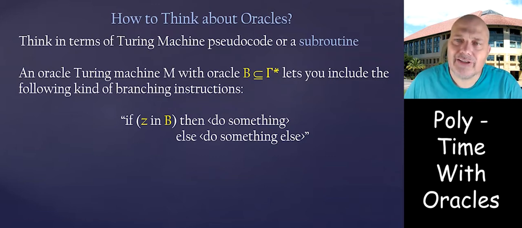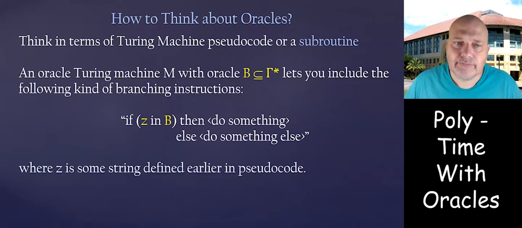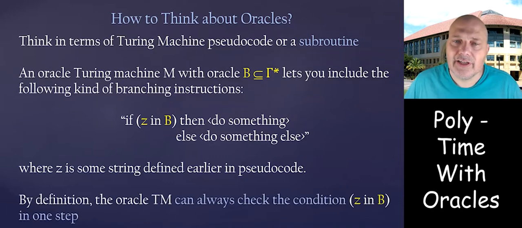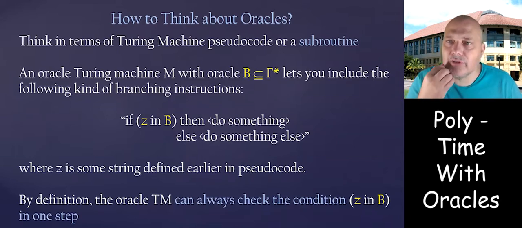So think about it like you have a library that includes the function B. So if Z is in B, you can just invoke it with the cost of one step. So Z is, of course, something you compute before. And as I said, this is something that you can verify in one step.